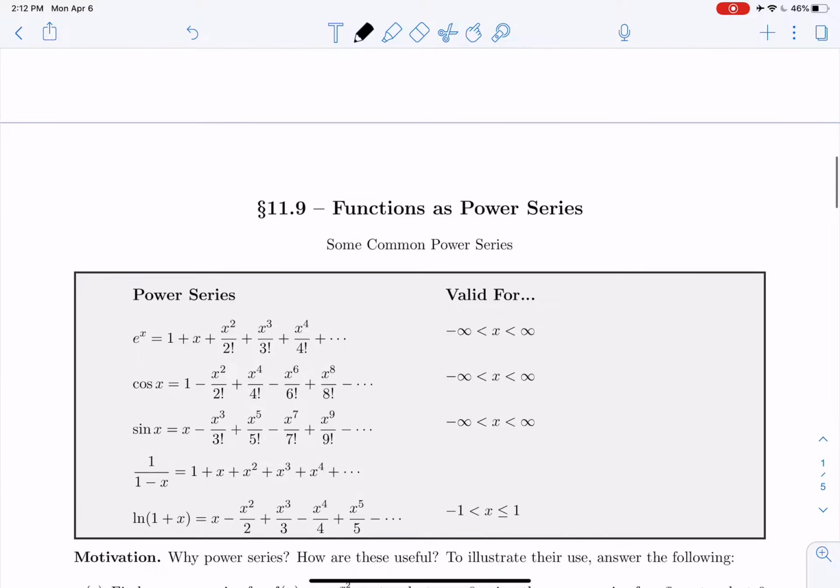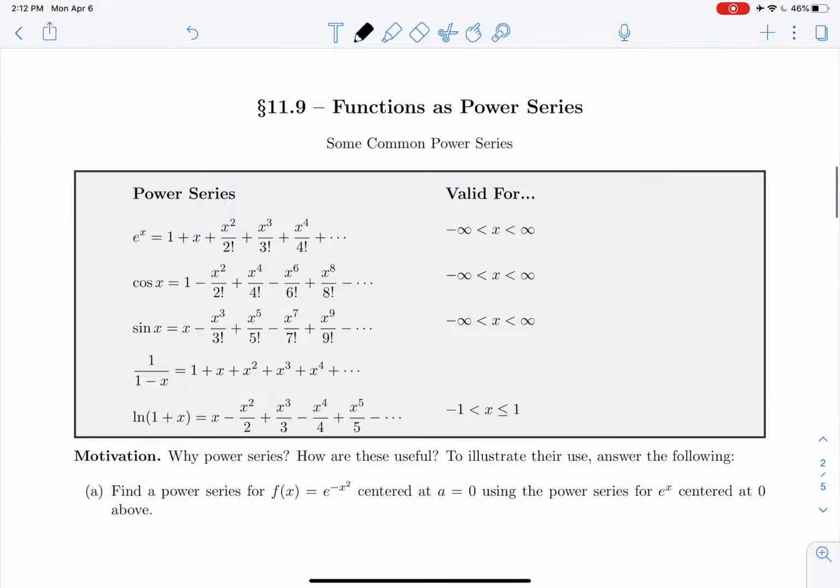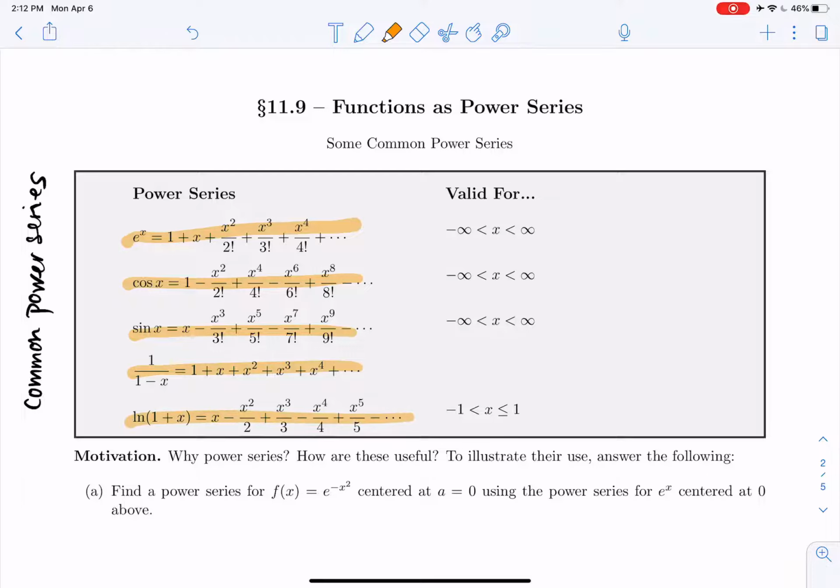Let's get to it. Here are the common functions, the common power series that we're going to use as our building blocks, mostly just for this section, because in 11.10 we will actually be able to build these power series. So I'm just telling you to believe me, and we will actually construct these in 11.10.